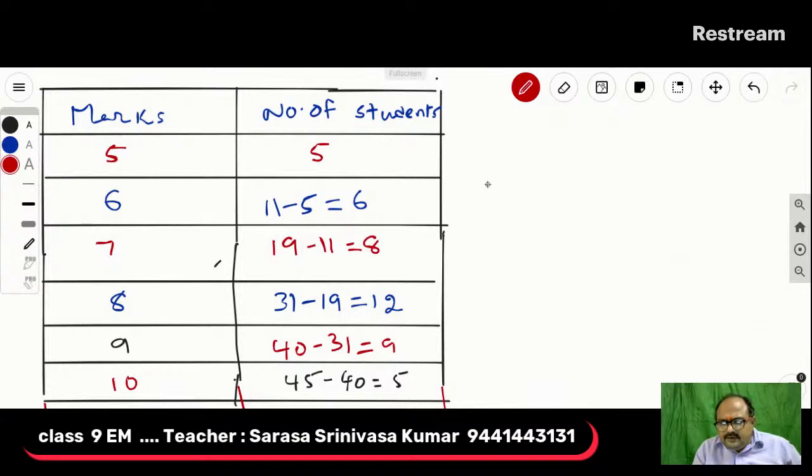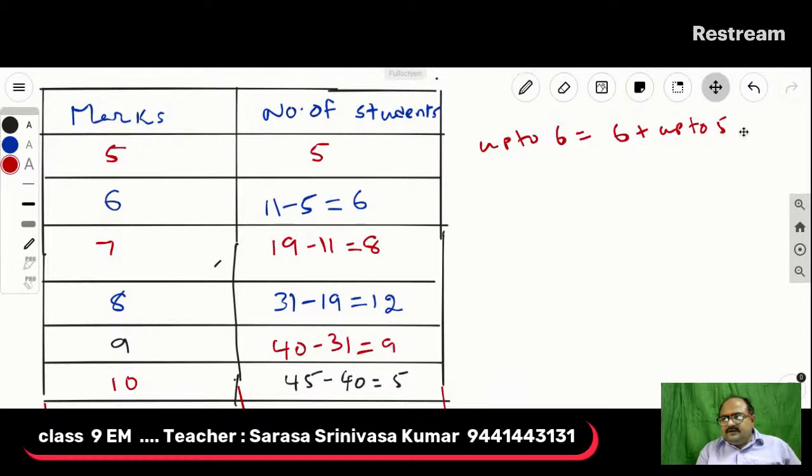Here I will write it up to 6. Up to 6 is equal to 6 plus up to 5.